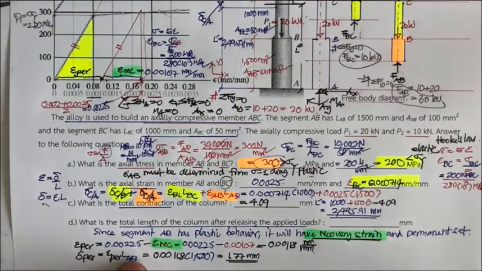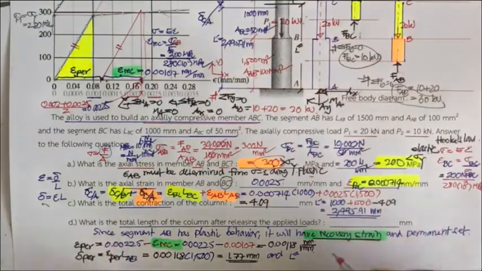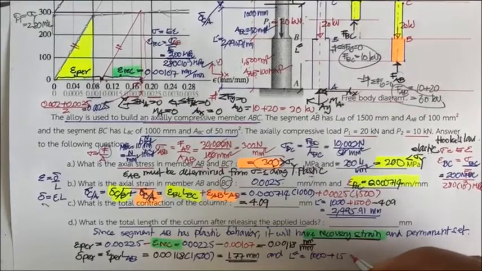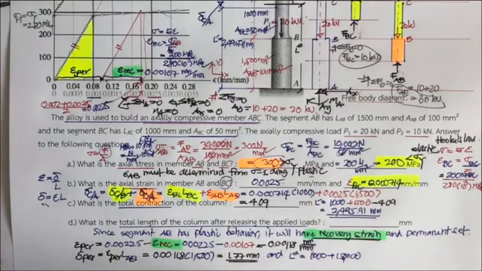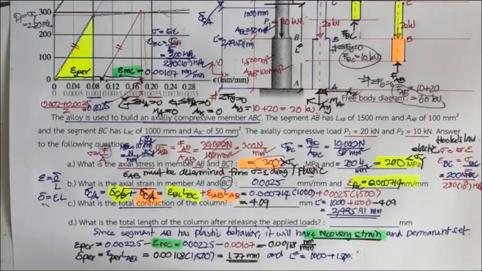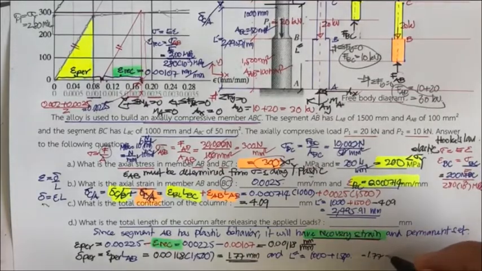Now L double prime is right here. It is going to be equal to 1000 plus 1500, and then minus 1.77, and finally you get 2498.23 millimeter.